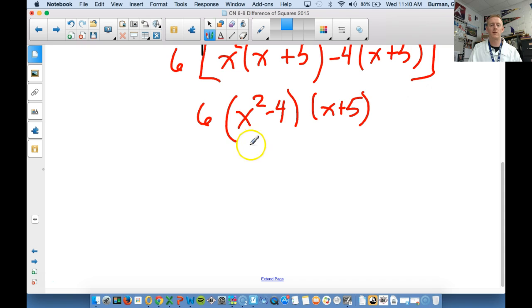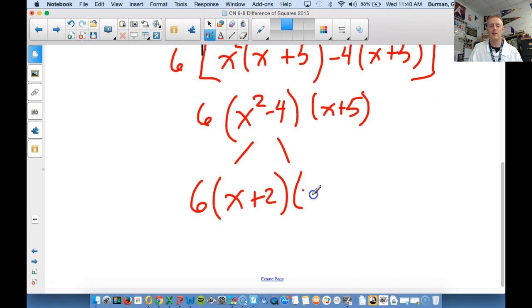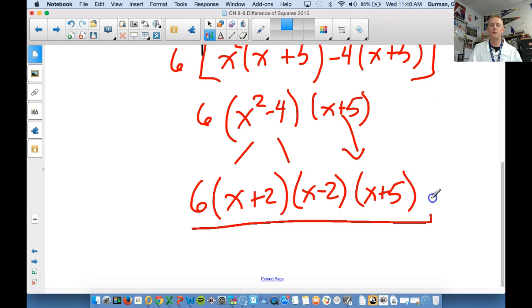That's a difference of squares, so that's going to break down even further. So we're going to have a 6 on the outside times an x, square root of x, square root of 4, plus 2, and an x minus 2. And this guy was all by itself, so it just comes straight down, and it's an x plus 5. Now this is officially what our answer is.